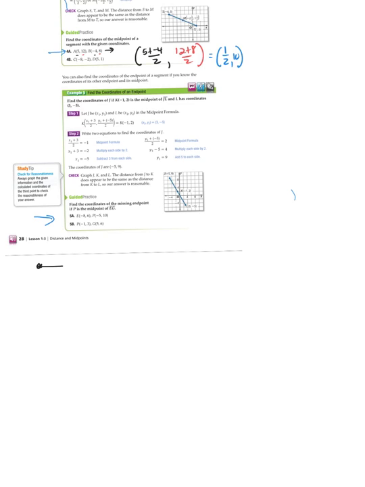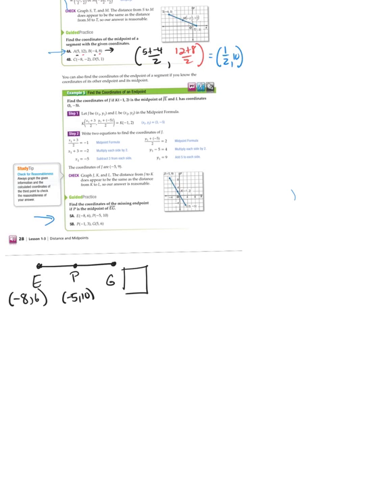So we've got some segment EG, and we are told that P is the midpoint, and that E on the Cartesian plane is at (-8, 6), and that P is at (-5, 10). This time we're looking for the other endpoint.